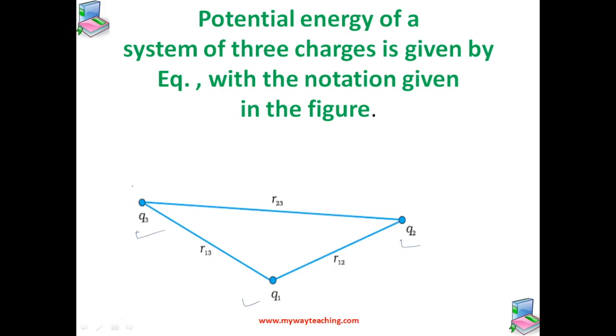When we bring Q2 from infinity to R2, the work done is given by 1 by 4 pi epsilon naught Q1 Q2 by R12.